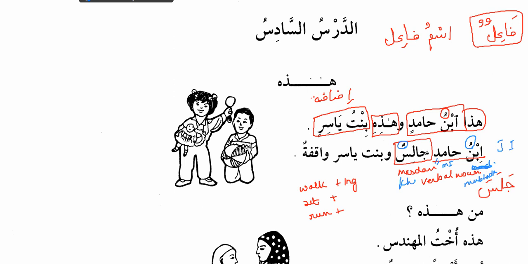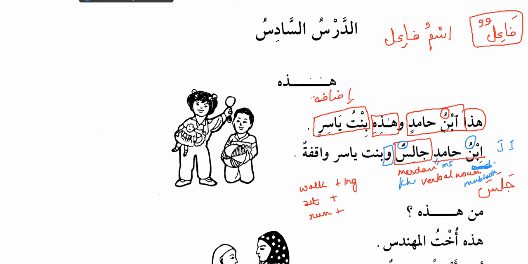In most cases, the khabar is nakira when you are doing Arabic grammar, but there are instances where the khabar comes as marifa. We will go into it later, but for now, know that sometimes khabar can also come as marifa. Wa bintu. Now this is wow playing the role of harf atf.